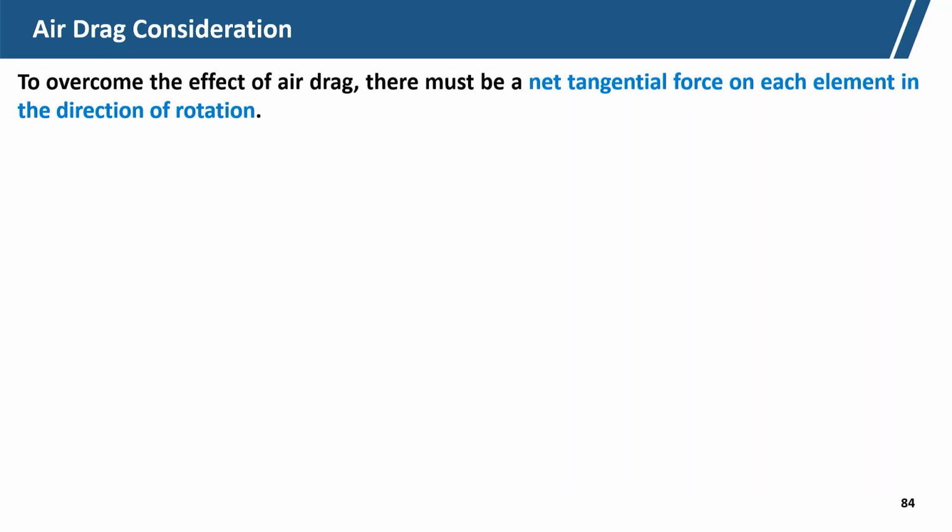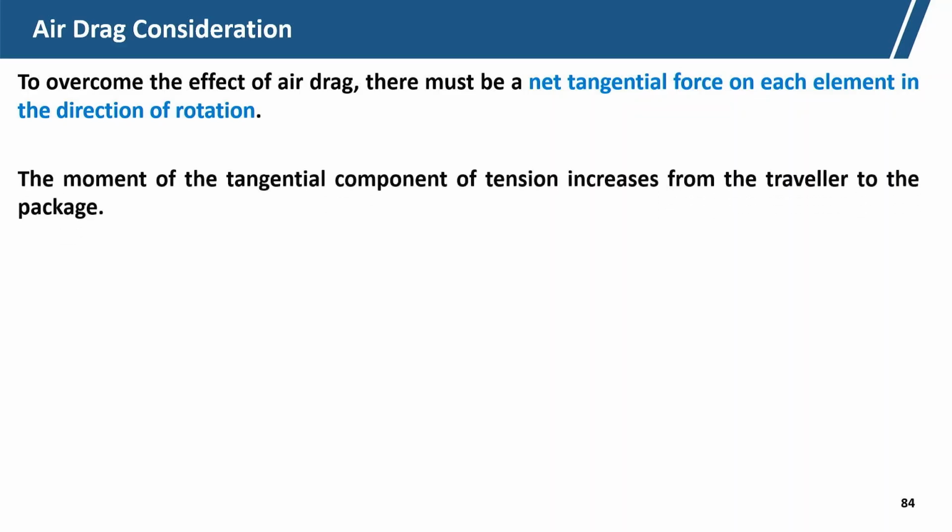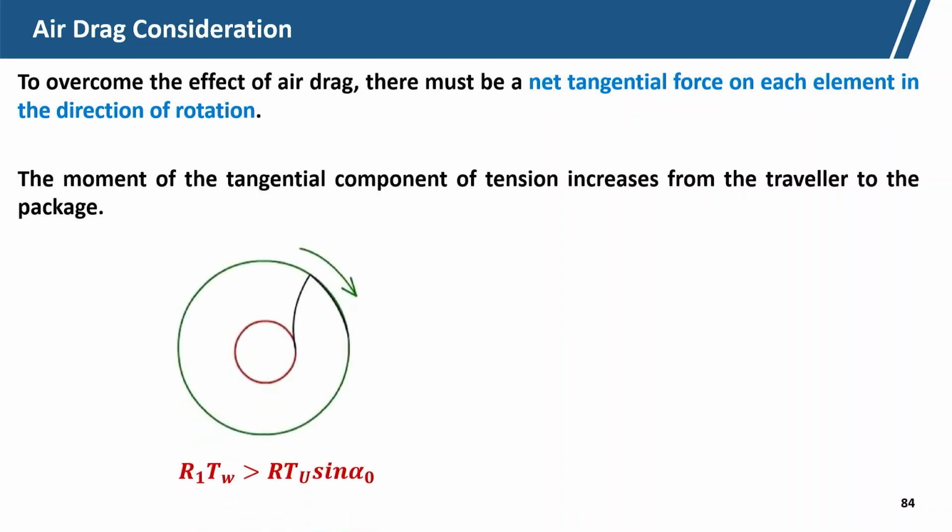So, when air drag is considered, to overcome the effect of air drag, there must be a net tangential force on each element in the direction of the rotation. The moment of the tangential component of tension increases from the traveler to the package, and that is the effect of air drag here.